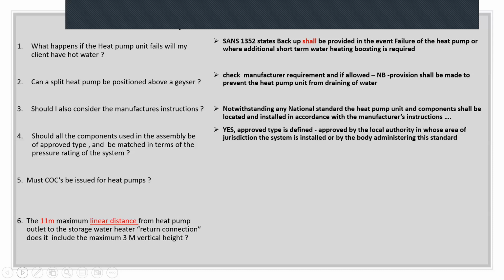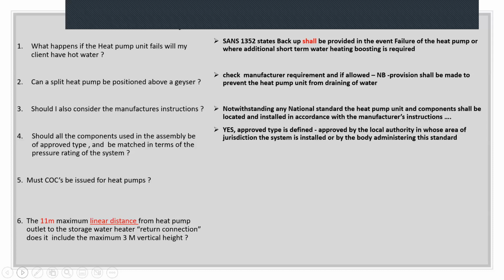Yes. As you see on the right-hand side, approved type is defined and approved by the local authority in whose area of jurisdiction the system is installed. It's very important, or by the administering body of the standard. So yes, it needs to be matched in terms of the pressure rating, and yes, those components in the assembly need to be of approved type.